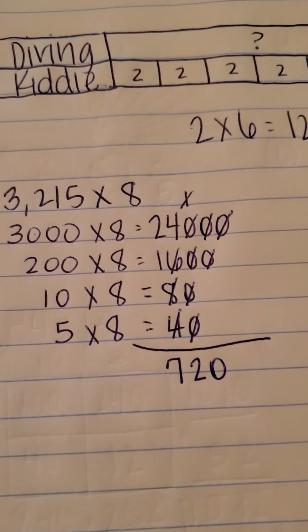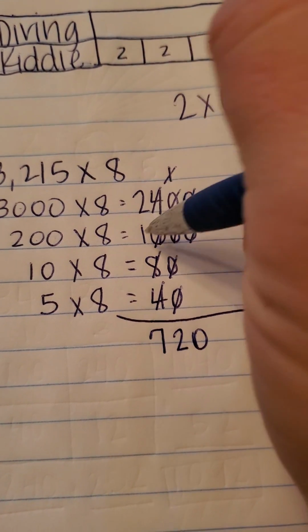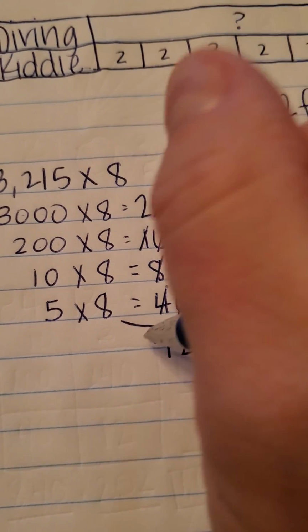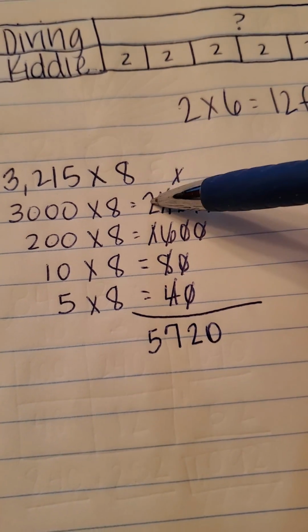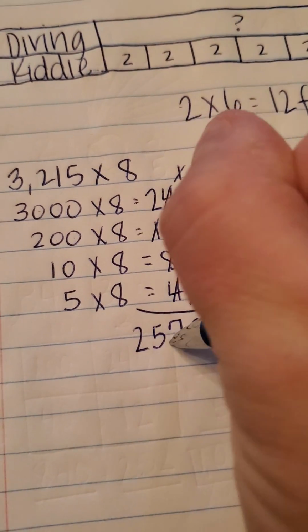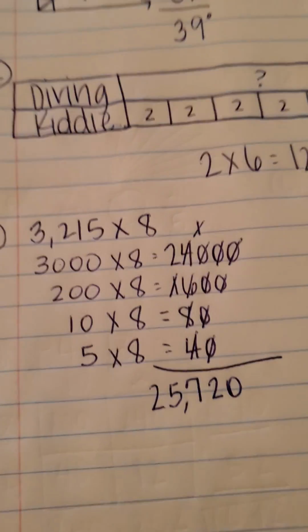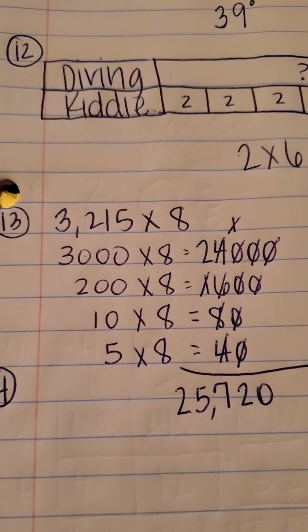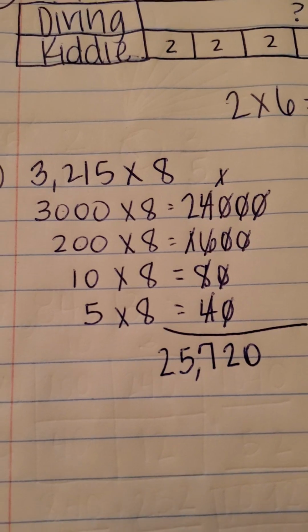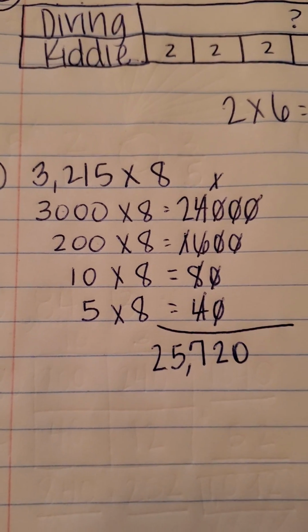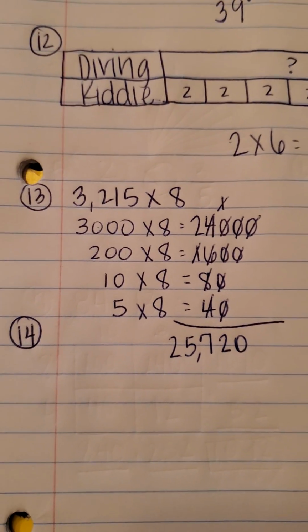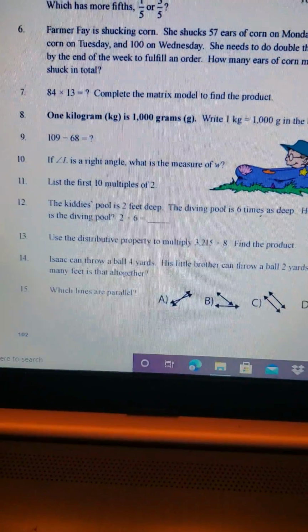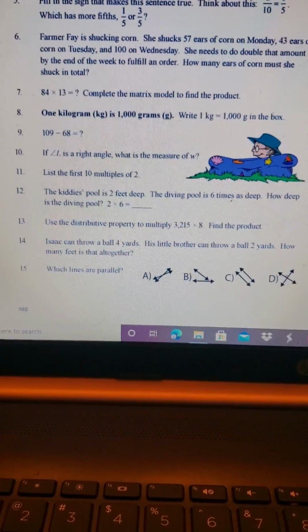Now I'm going to add my thousands. So I have 4 plus 1 is 5. And then my 10,000s, I only have a 2, so I bring that straight down. So 3,215 times 8 is 25,720.